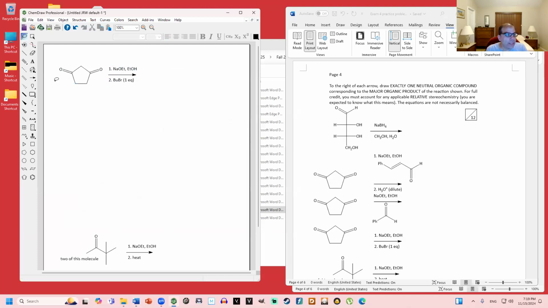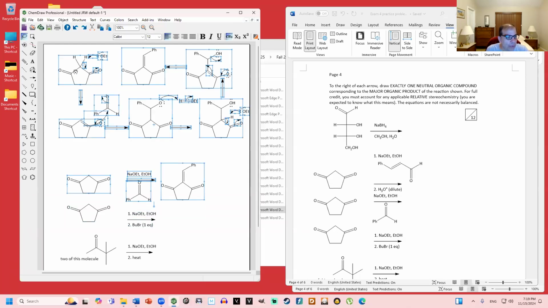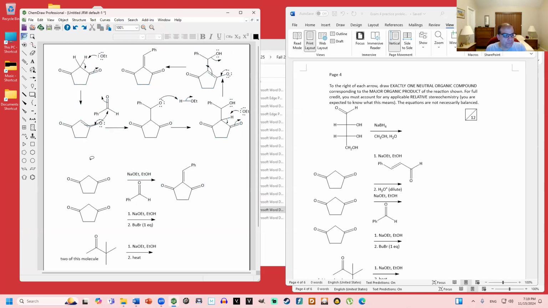And then that enolate will attack 1-bromobutane. Well, why should I be so stingy? I might, since I have it here already, I might as well show the enolate forming.